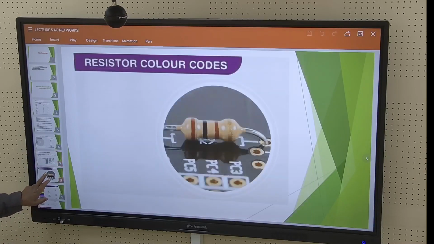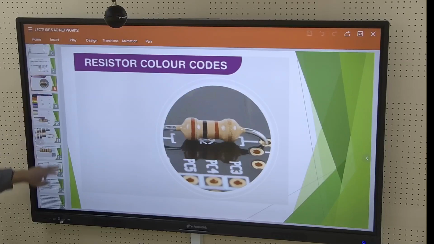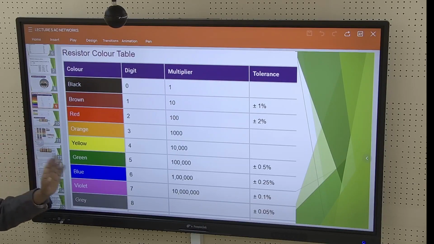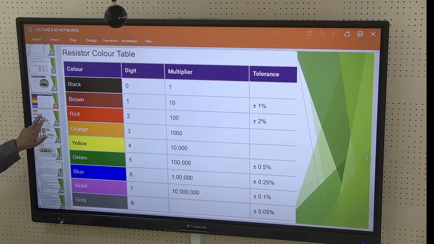Another one you can see here is the resistor color code. As here they said, black is 0, brown is 1. This is the table you can read and find these values rather than be lectured. But what I mean is that the first, second, third, and fourth bands have meanings: digit, digit, multiplier, and tolerance.